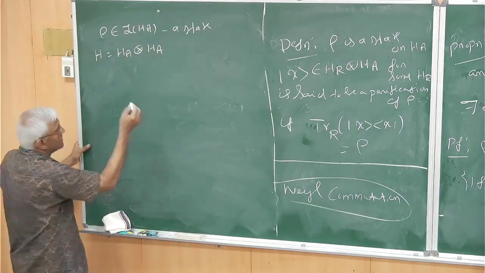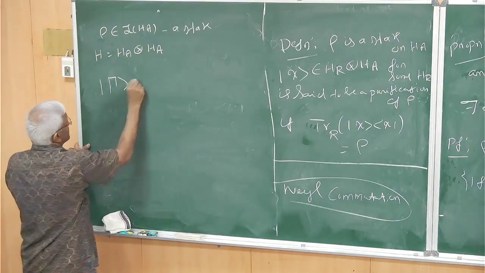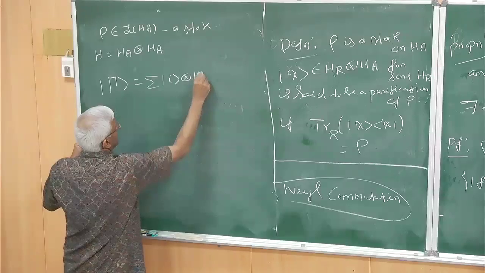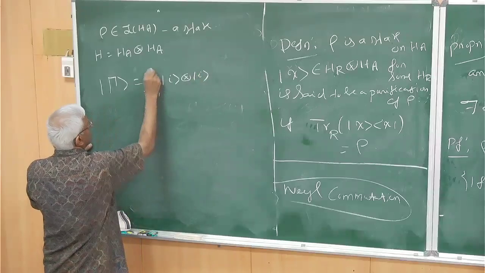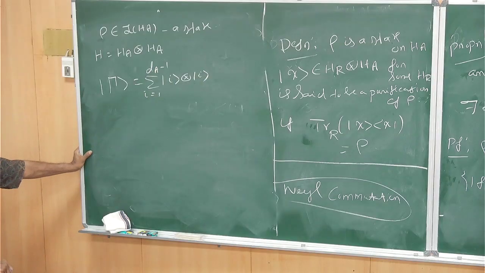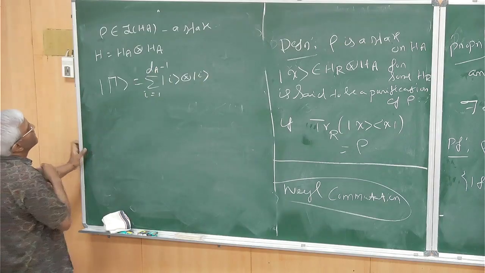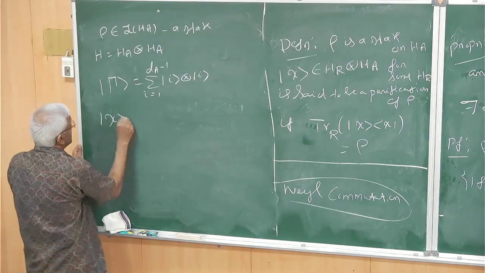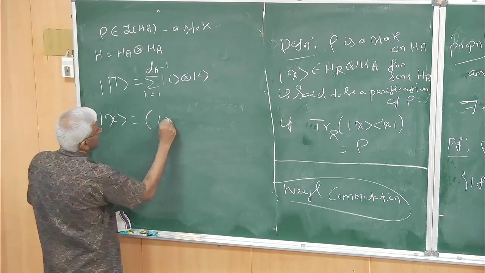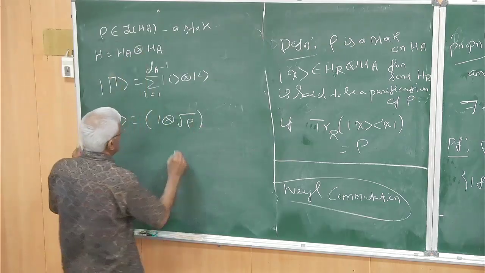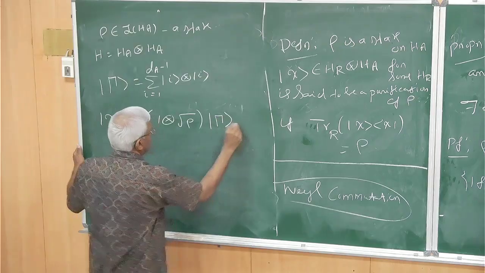You have gamma, with the convention sum of e_i tensor e_i, i equal to 0 to d_A minus 1. Then define chi equal to the square root of rho, which is positive so you can take the square root, times gamma.